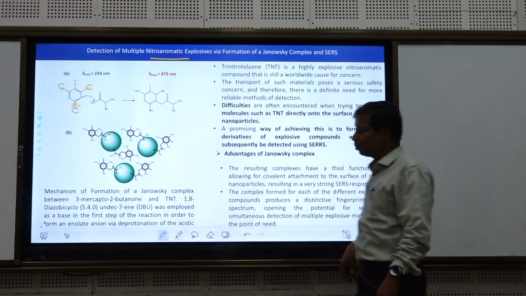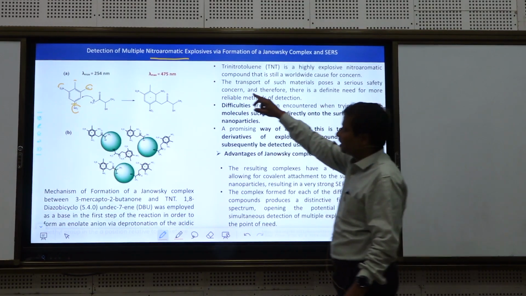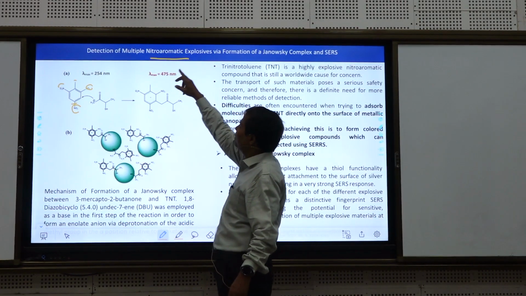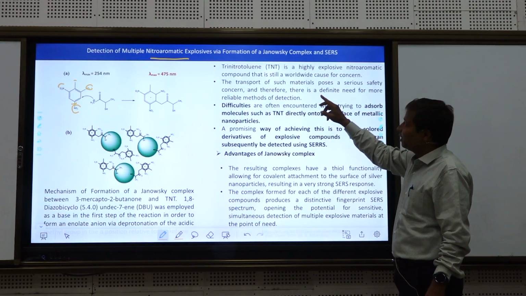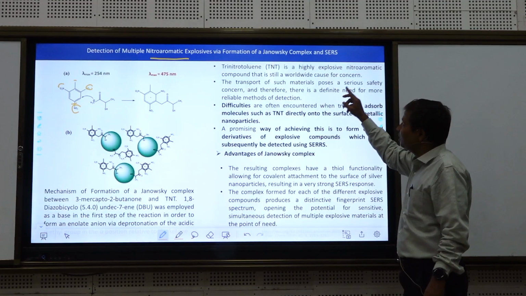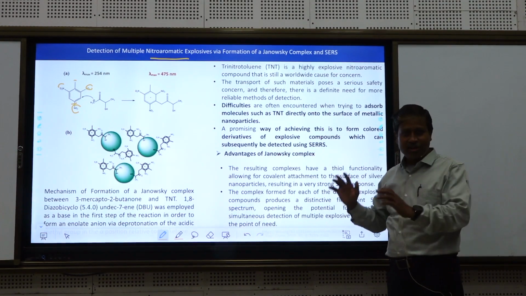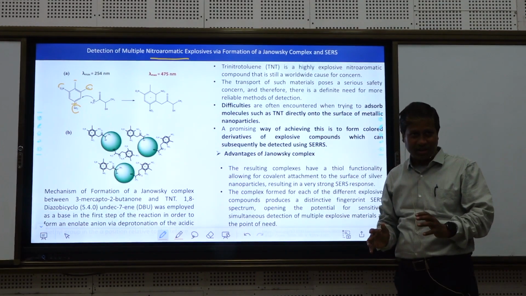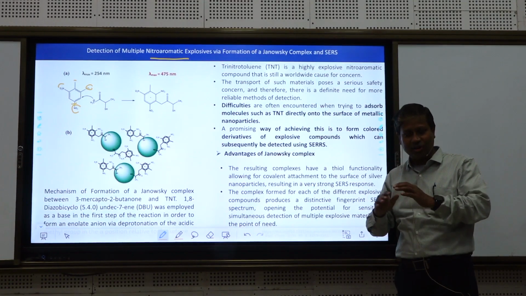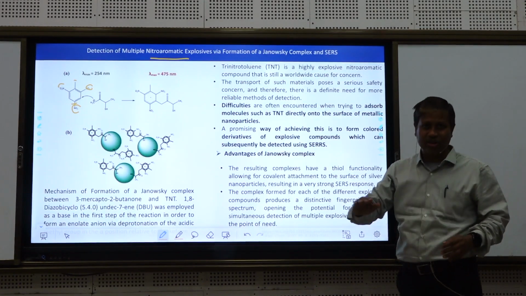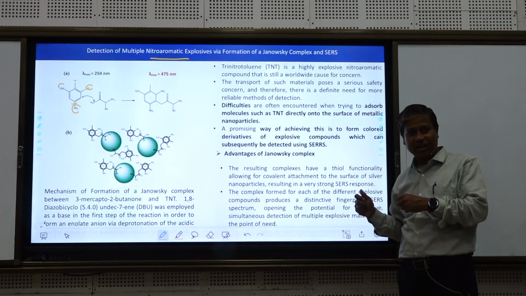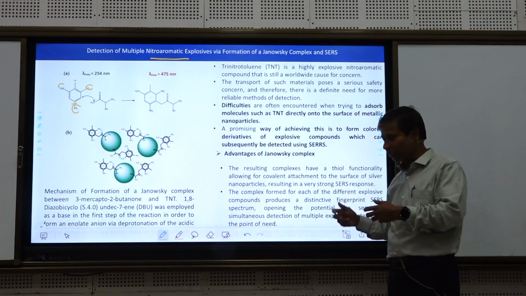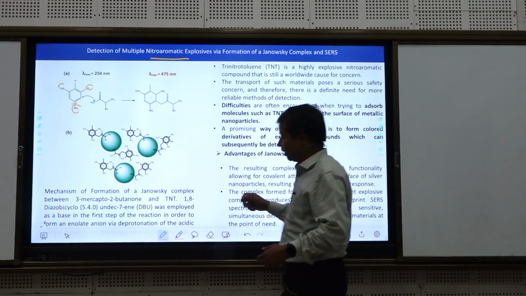So this is TNT. So this is explosive, under nitroaromatics. So there are multiple nitroaromatic explosives detected via the formation of a Janovsky complex. It means you make a complex first, and you make a layer of that complex on the surface, and then you record the surface enhanced resonance Raman spectroscopy, SERS.